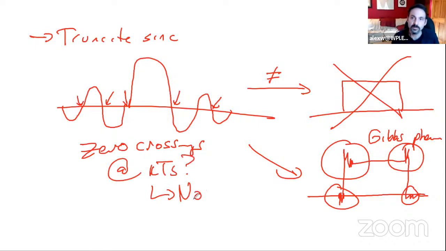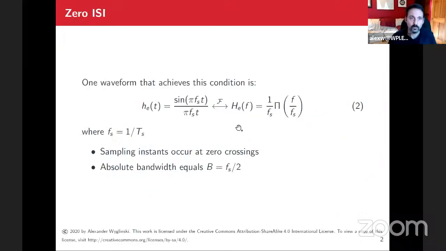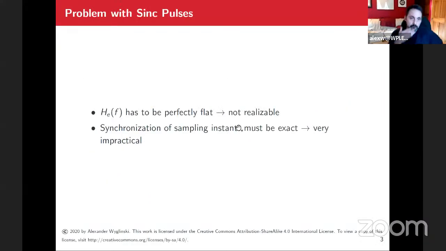So already this type of waveform is going to be violating the Nyquist conditions for 0 ISI. So that's not so good. All right. So this doesn't work. So HE of f has got to be perfectly flat. Not going to happen if you truncate a sinc pulse.